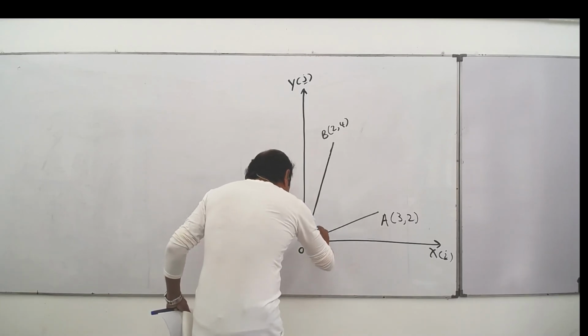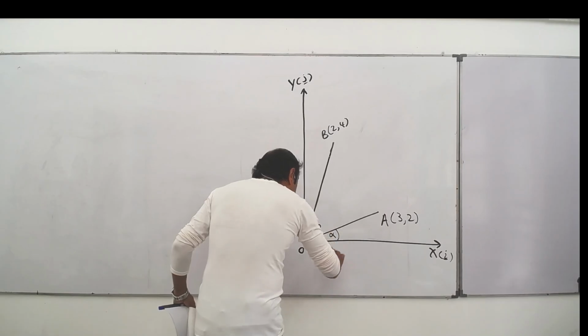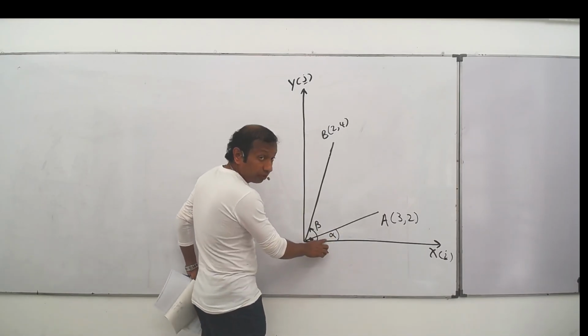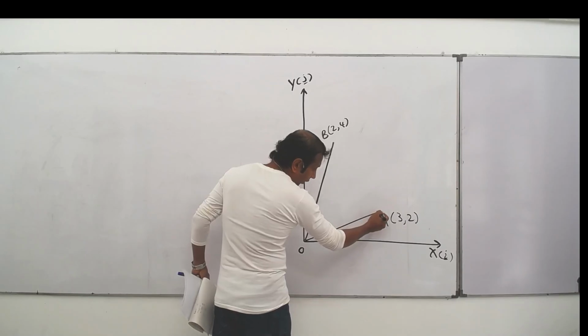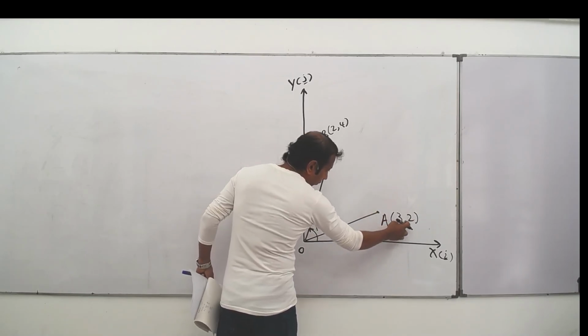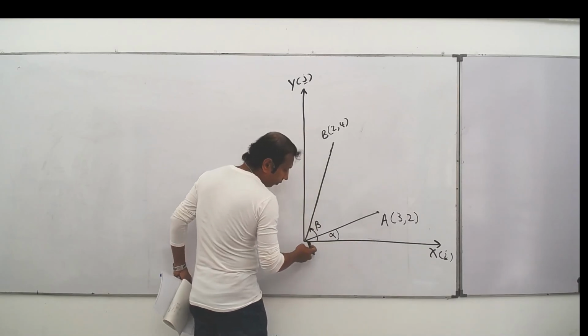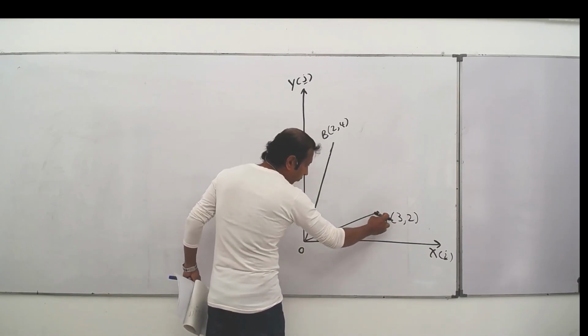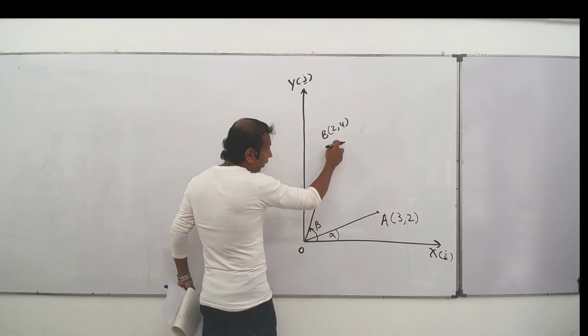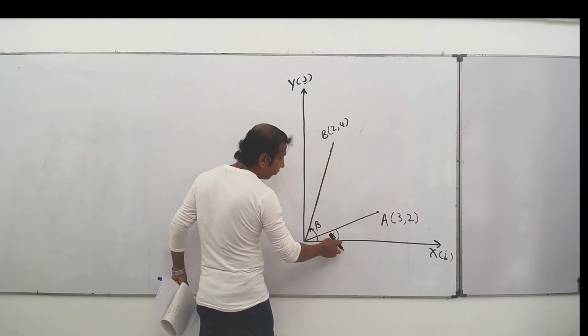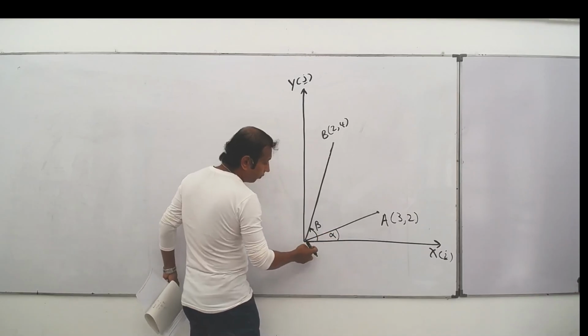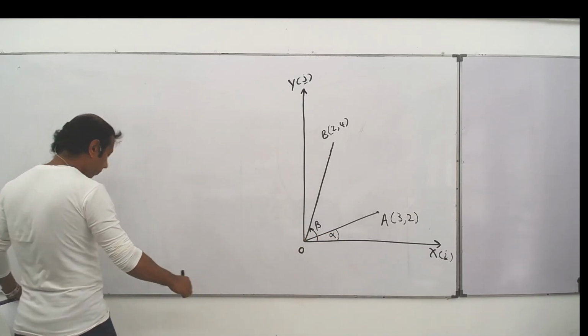Right. I'll take this angle to be beta. This to be alpha. Tan alpha means this opposite side, y coordinate 2, this adjacent side 3, x coordinate, no? Then tan alpha is 2 by 3. Likewise here, tan beta, this is y coordinate 4, x coordinate 2. Then tan alpha, tan beta you can write.